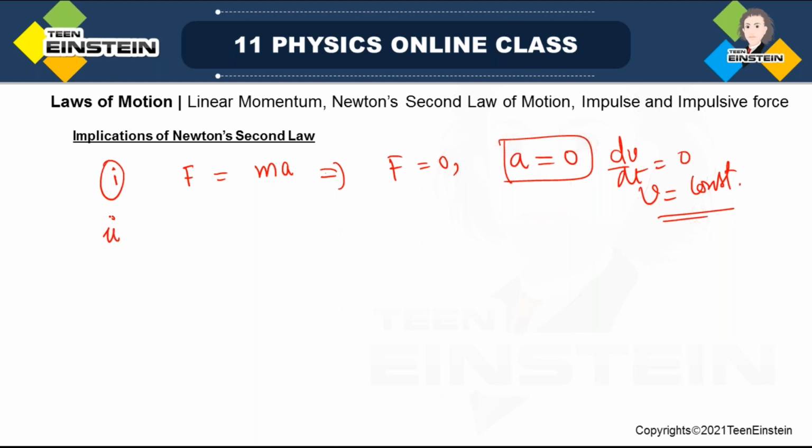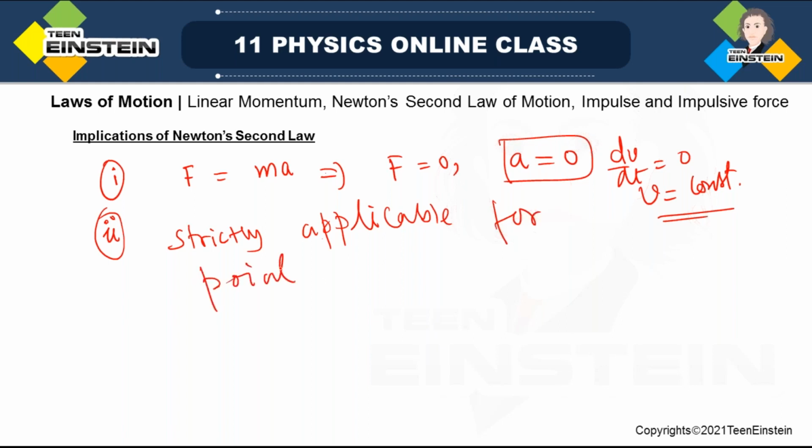The second implication is that this law is strictly applicable for point objects.